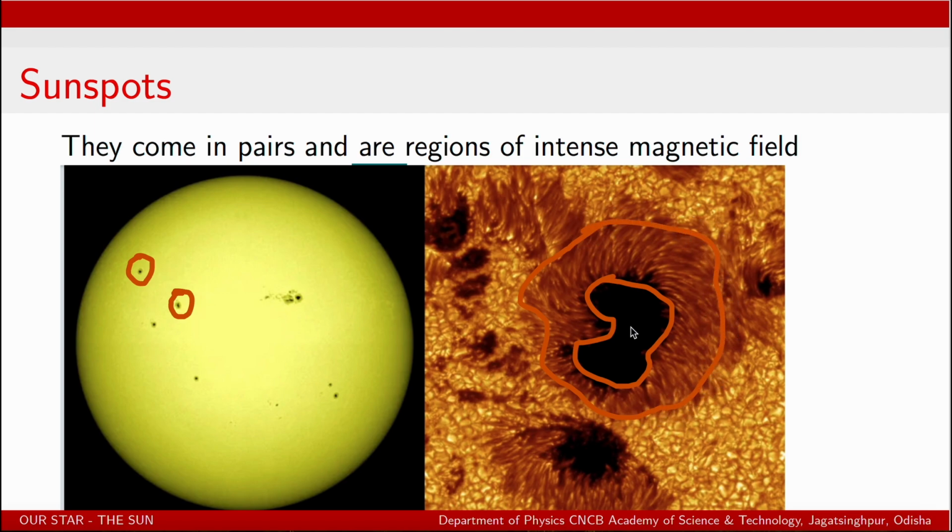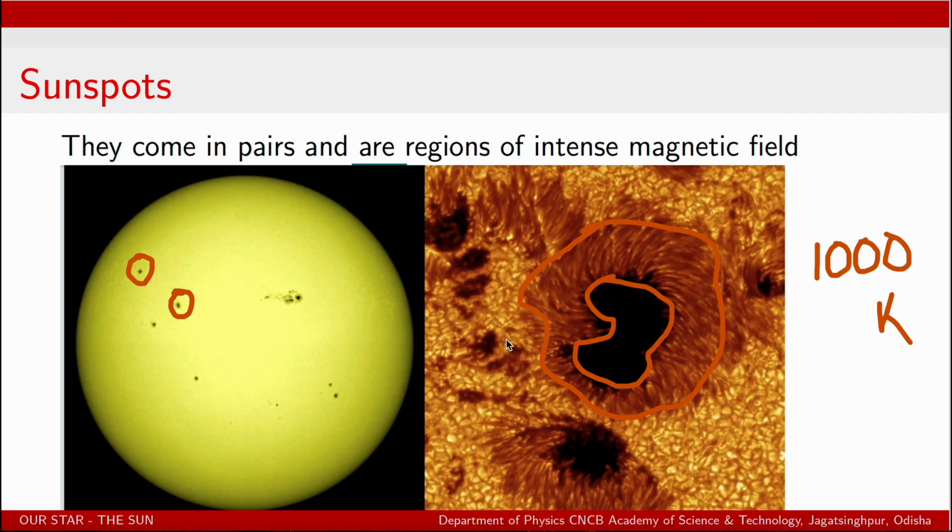And the black region is actually not black. What's happening is that the radiation in the black region is mostly out of the visible region. This is so because the temperature at the sunspot will be around 1000 degree Kelvin lower than the adjoining region, which appears as bright in this diagram.